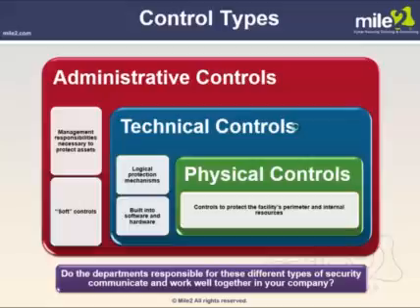And then we have physical controls. Now, physical controls generally will control to protect the facility's perimeter and internal resources. And one major one that is very, very important is they generally are going to be in concrete. They're going to be a couple feet above the ground, and they're called bollards.